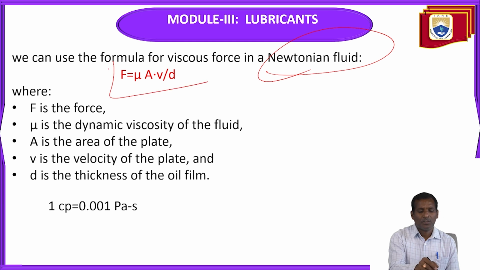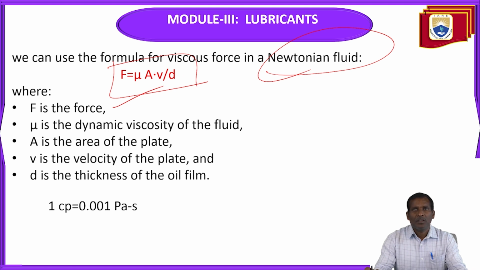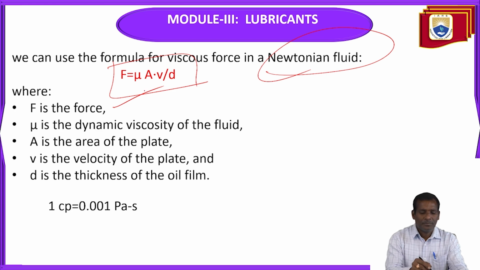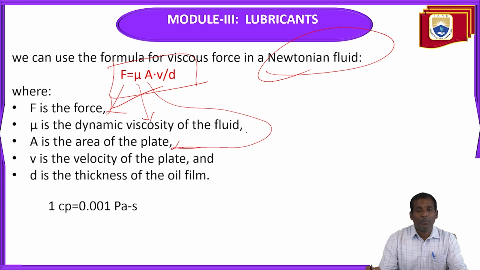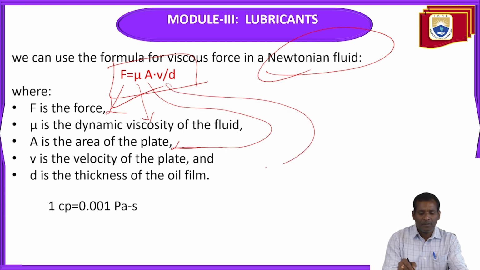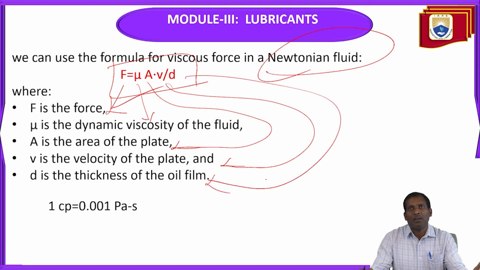The formula is F, the required force, is equal to mu multiplied by A into V upon D. F is the force, mu is the dynamic viscosity of the fluid, A is the area of the plate, V is the velocity, and D is the thickness of the oil film. The thickness of the oil film is already given in the problem.